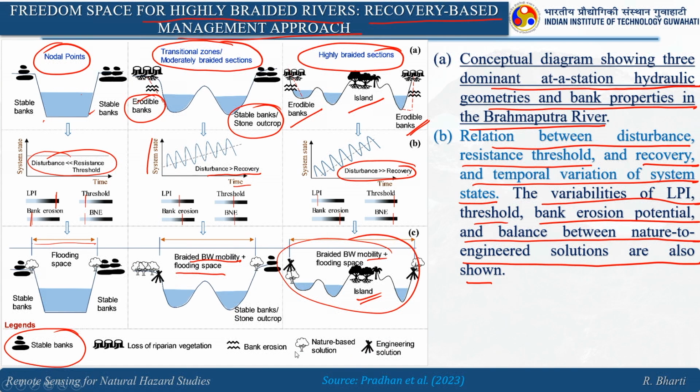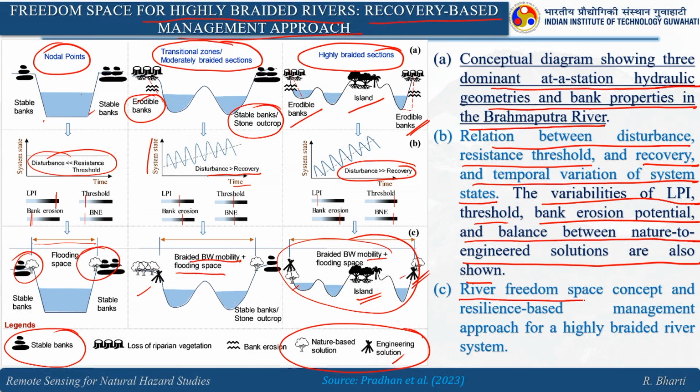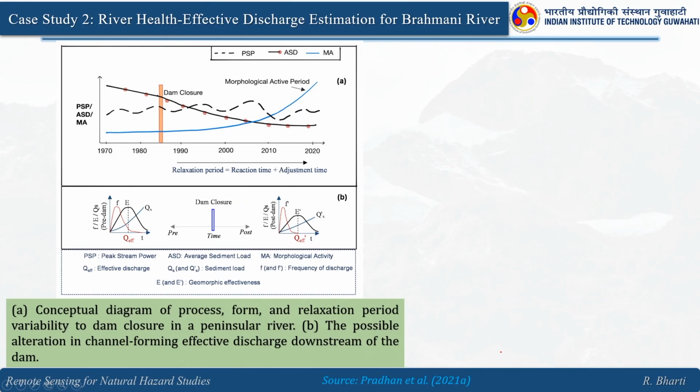So, here if you see the nature based solution, this nature based solution can be used here, engineering solution can be used here, right, and here you can only have the nature based solution. So, the river freedom space concept and resilience based management approach for a highly braided system is given here.